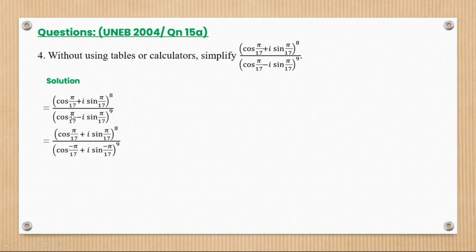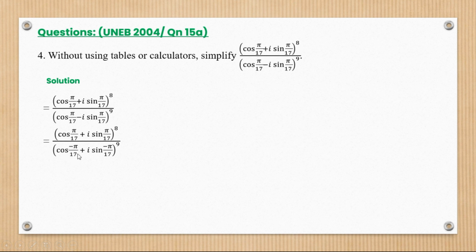We also know it is okay to express cos pi over 17 as cos negative pi over 17, because the cos of a negative angle is exactly the same as the cos of a positive angle. So you can also make this a negative, and this is also true. So this is basically okay.